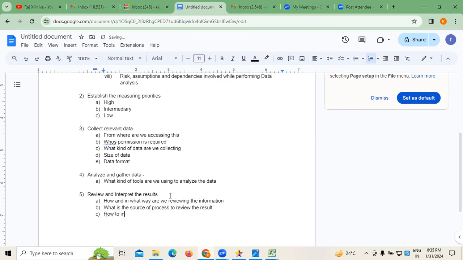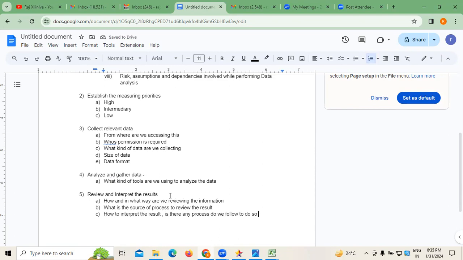How do we interpret the results? Is there any process we follow to do so? These are all things which we have to do.